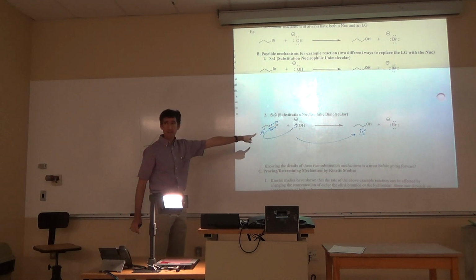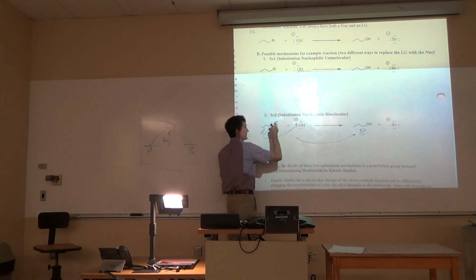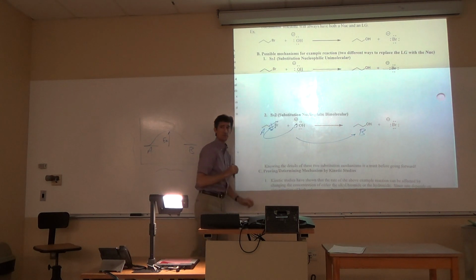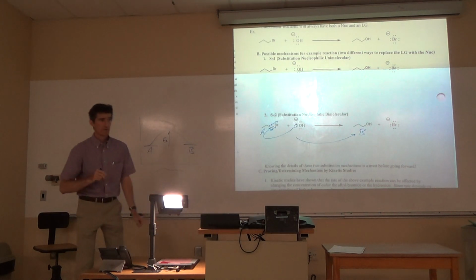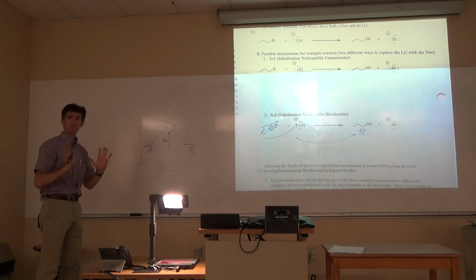Of the two reactants, how many are involved in the rate determining step? By the way, which is the rate determining step? That step. Now I've got two arrows. Does this all happen at the same time? Yes, it's concerted. Incoming, out, all at the same time.